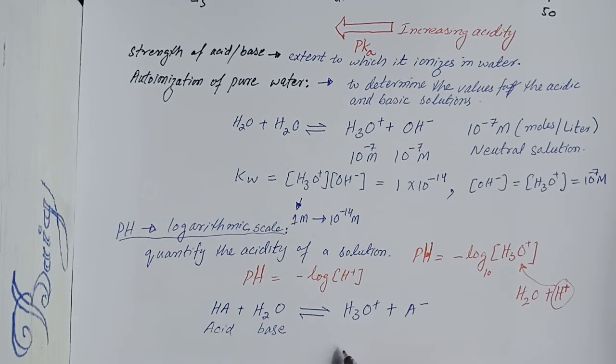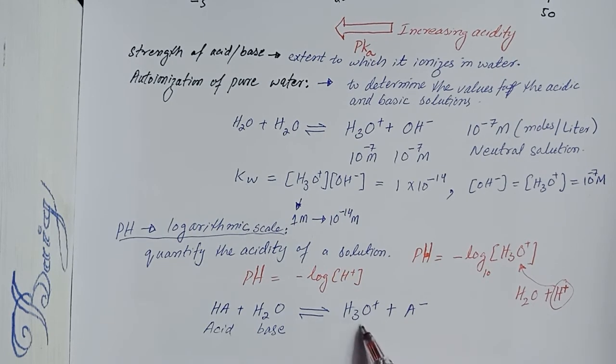And if we consider the backward reaction, when the products of the forward reaction are acting as acid and base, the species which has been generated from the acid is known as the conjugate base.